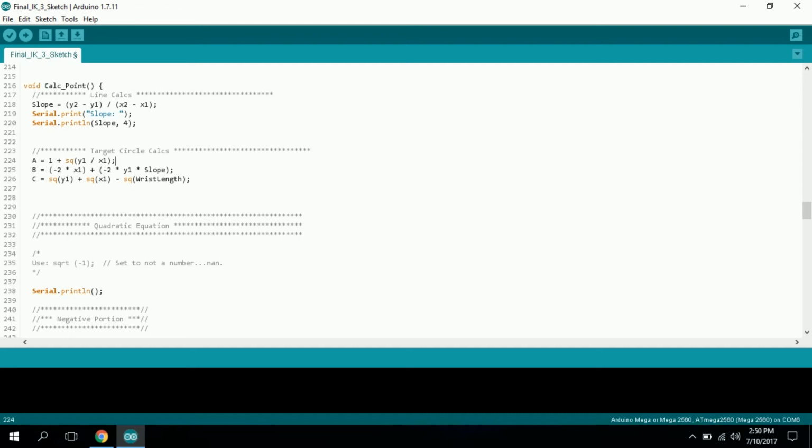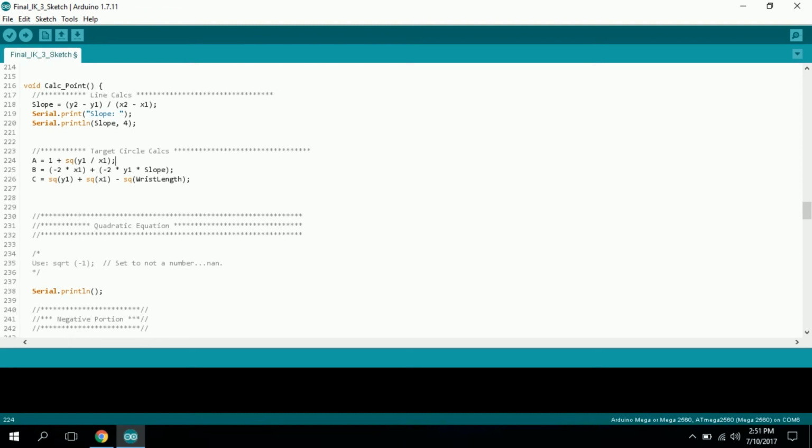If you factor it all out, you get minus 2 times x1 plus the quantity minus 2 times y1 times the slope. And that will actually give you the b quantity. It might be 5x, or it might be 10x, or it might be 7x, whatever it is. I think in our example, it was minus 20x. Well, that'll give you minus 20x.